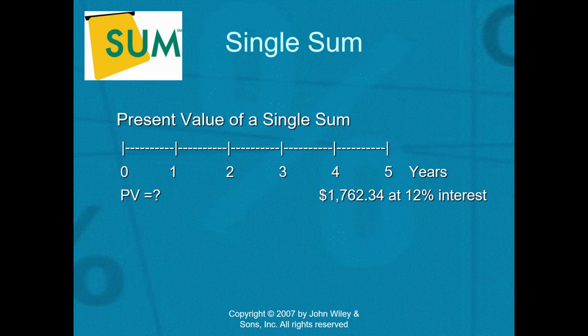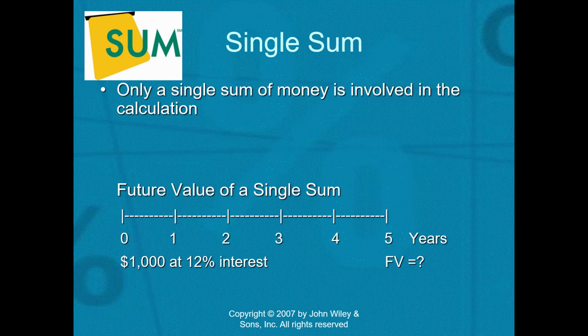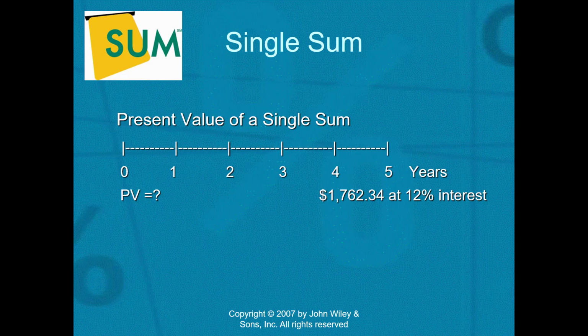Well, what that is telling us is that if we invest $1,000 at 12% interest, and we leave it for 5 years, at the end of the 5 years, we'll have $1,762.34. So that is what this calculation tells us.